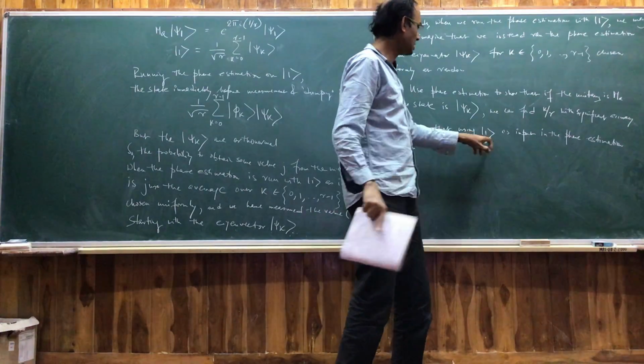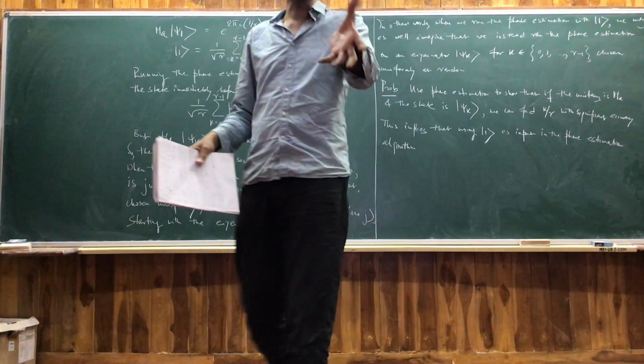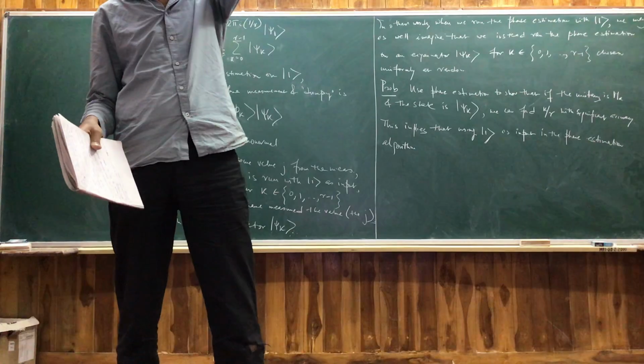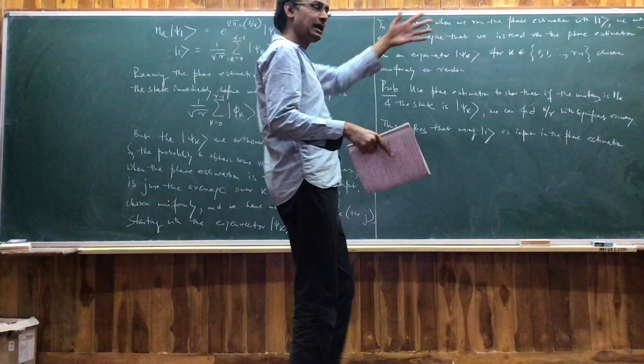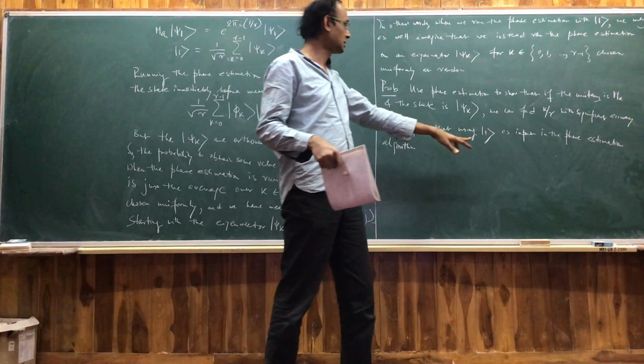Again, when I say 1 as input, I mean the bottom group, yes? The top group, there is a 0 tensor and before the other one. We are talking about that remains the same all the time.